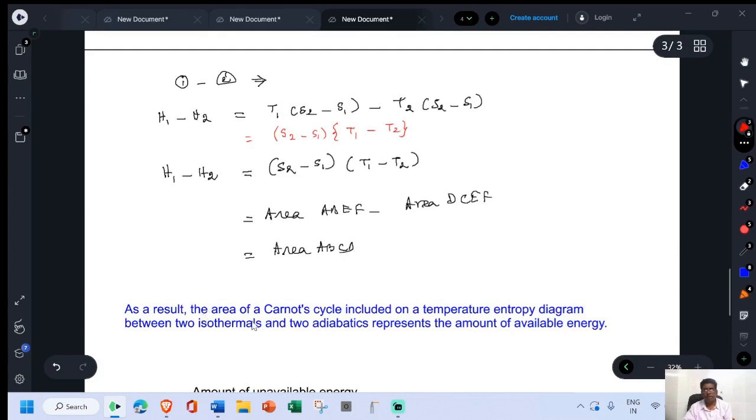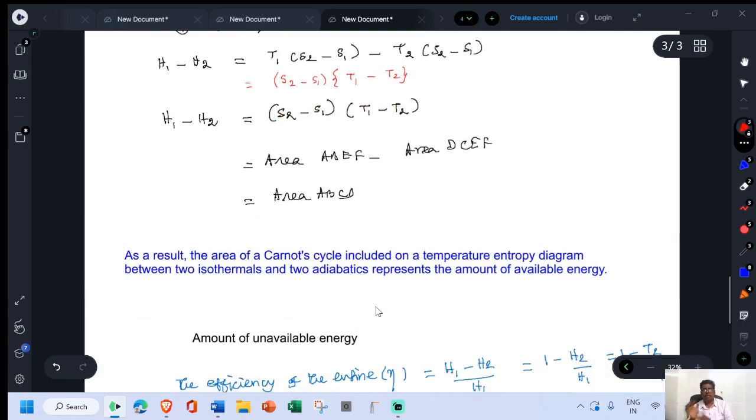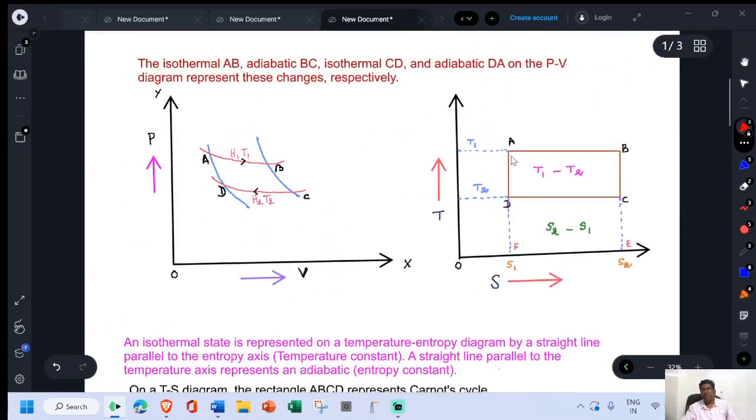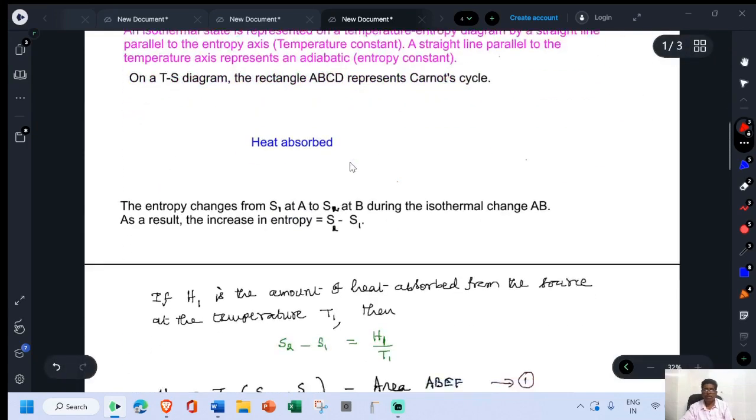As a result, the area of a Carnot cycle included on a temperature entropy diagram between two isothermals and two adiabatics represents the amount of available energy. This rectangle represents the amount of available energy. Available energy means the energy which can be converted into mechanical work. ABCD represents the available energy of a Carnot engine, that is, the energy which can be converted into mechanical work.